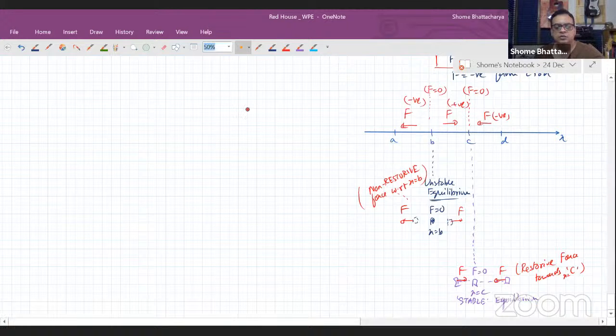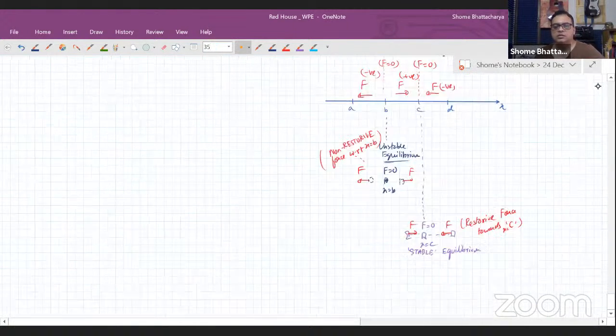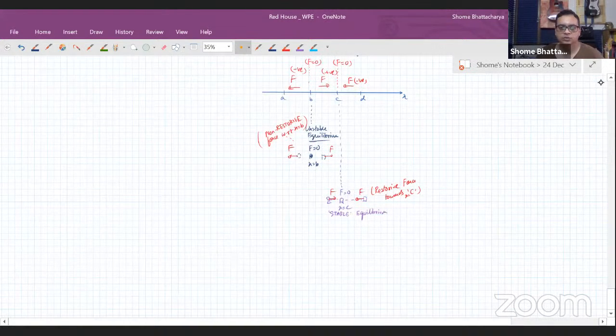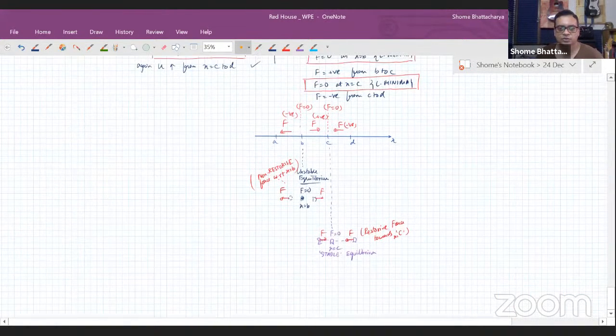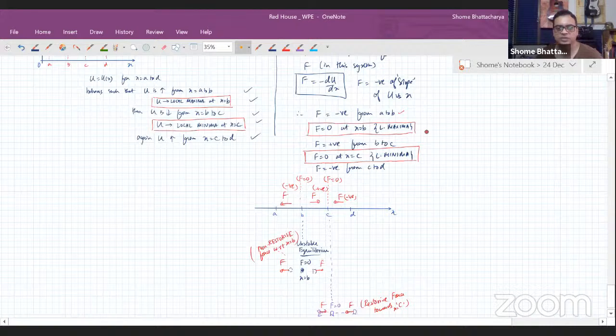Okay. So we will write about this in detail also in a note, but first you just understand the correlation between this information that we had, where the force is positive, where the force is negative, and this number line kind of graph. I'm just showing in which region the force is pointing backwards, in which region the force is pointing forwards, and which are the points where the force is 0.